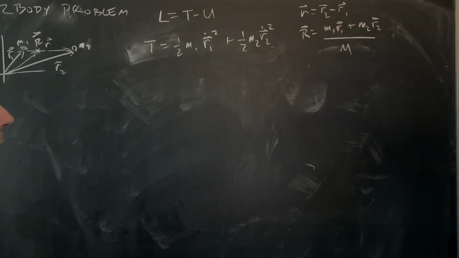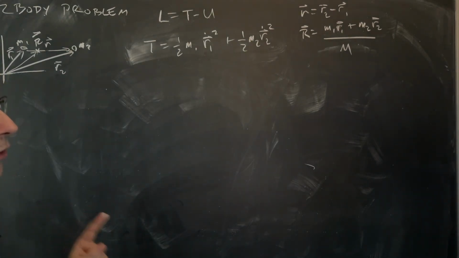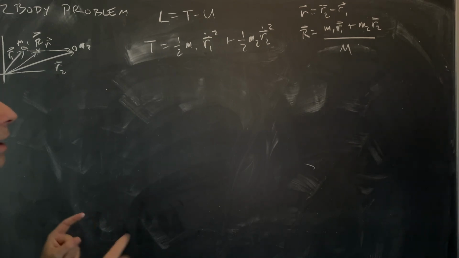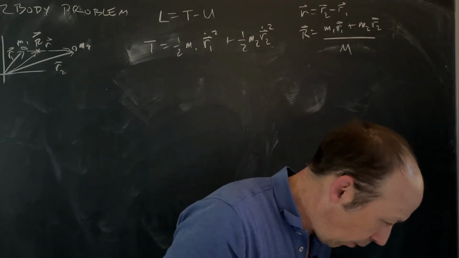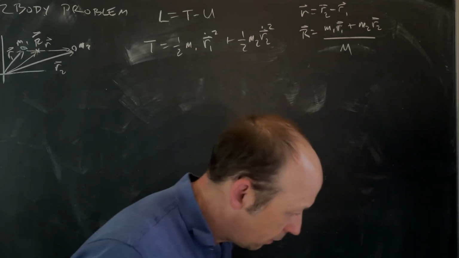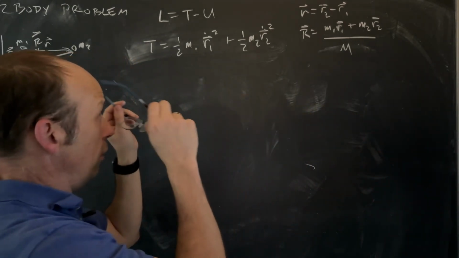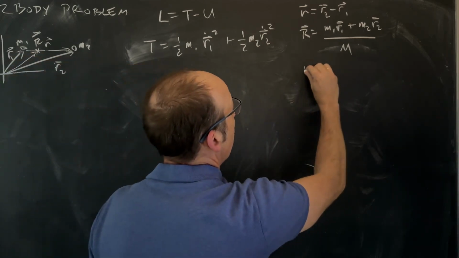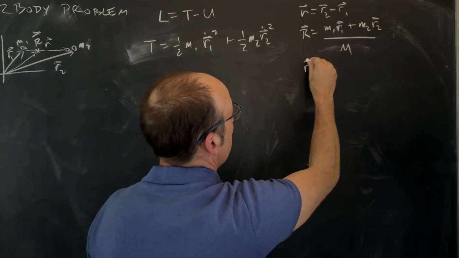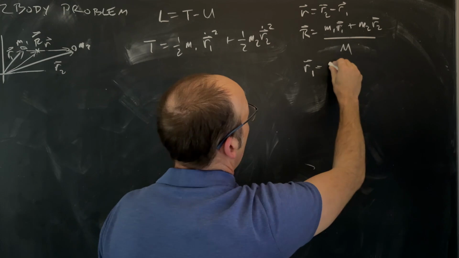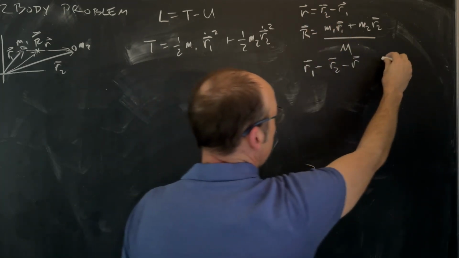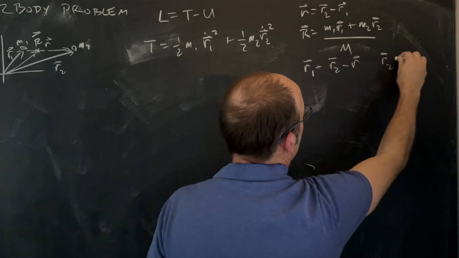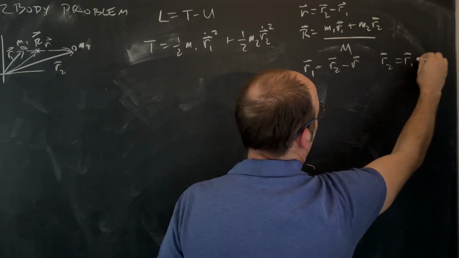So I want to get r1 in terms of capital R and lowercase r. I've already made a mistake. Up here I can solve for r1. This is important. r1 is going to be equal to r2 minus r, right? That's from that. And then r2 is r1 plus r.